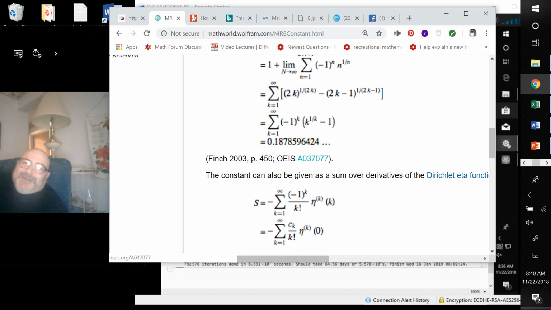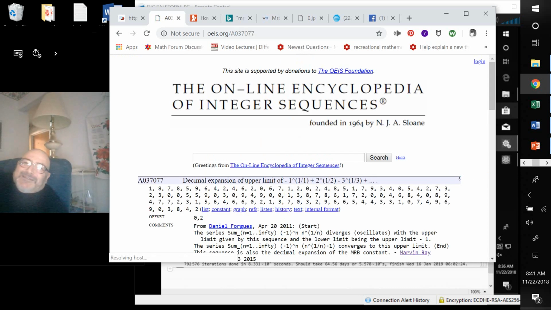But not long after I first described the MRB constant, I wrote to the Online Encyclopedia of Integer Sequences, Neil Sloane's website, and he put it in there as A037077.